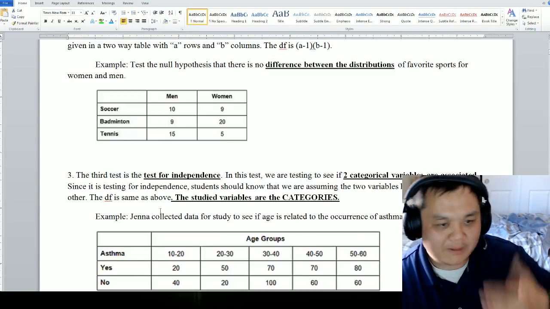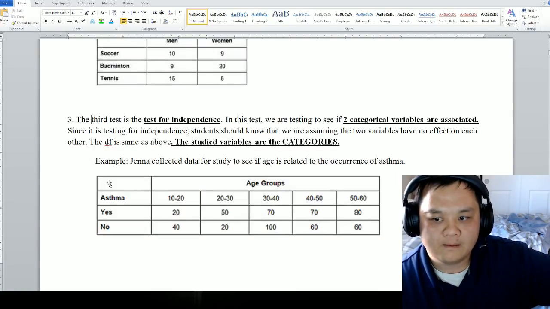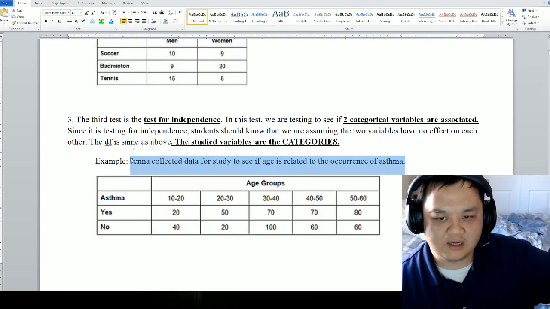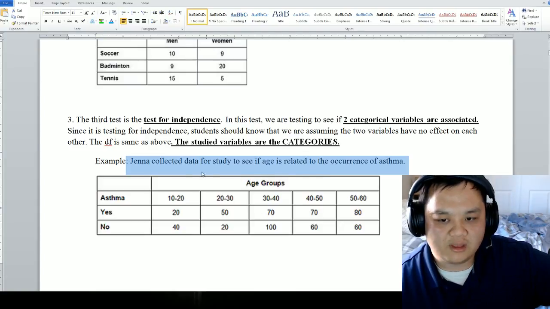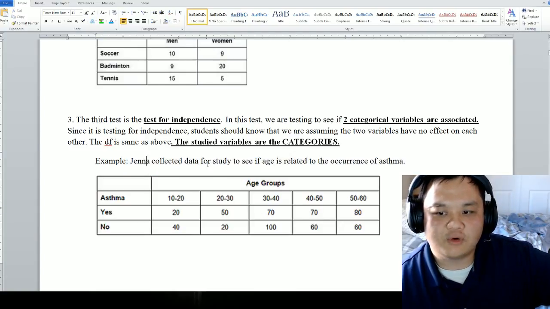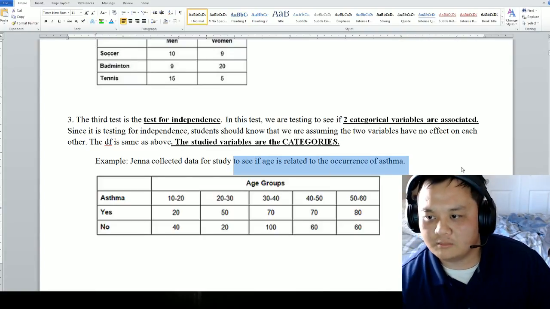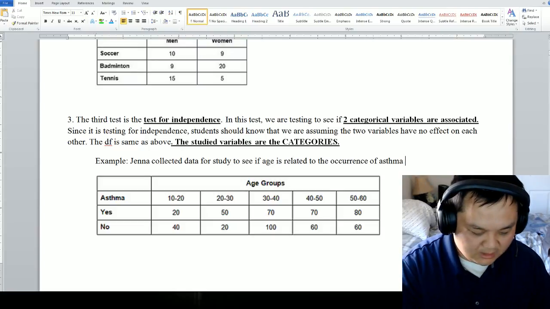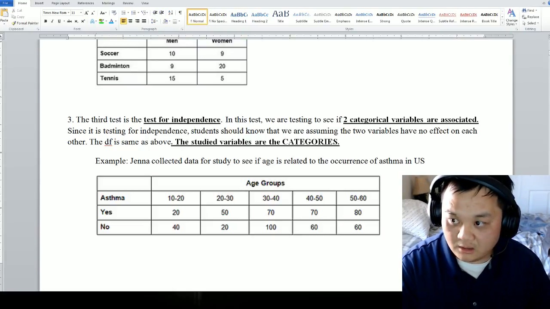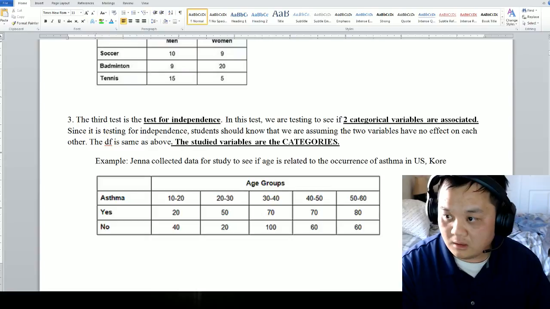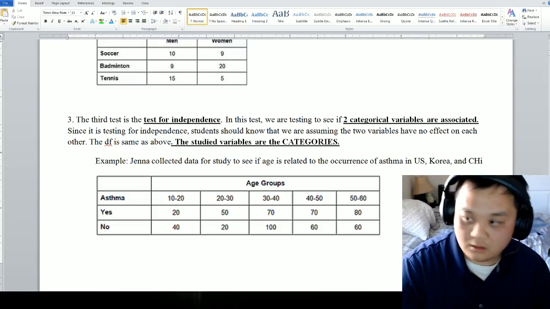So for the test for independence, can I have two or more categorical variables? In this example, what are you thinking? Jen collects data for a study to see if in USA, Korea, and China, right?